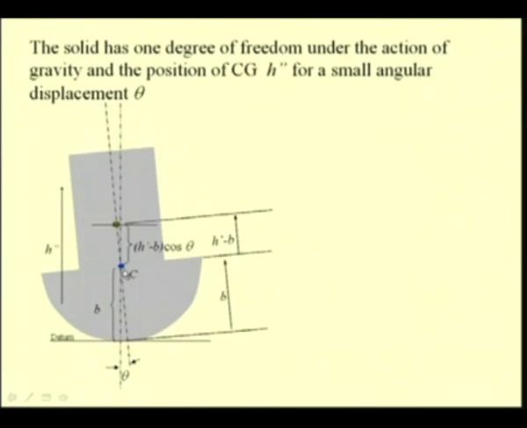So, if we say that C is the point on the diametrical plane of this hemisphere, then this point is at a distance of b, because the object, when it is tilted by this angle theta, will roll with this as its instantaneous center, and this distance will be the radius of the hemispherical portion, that is b.